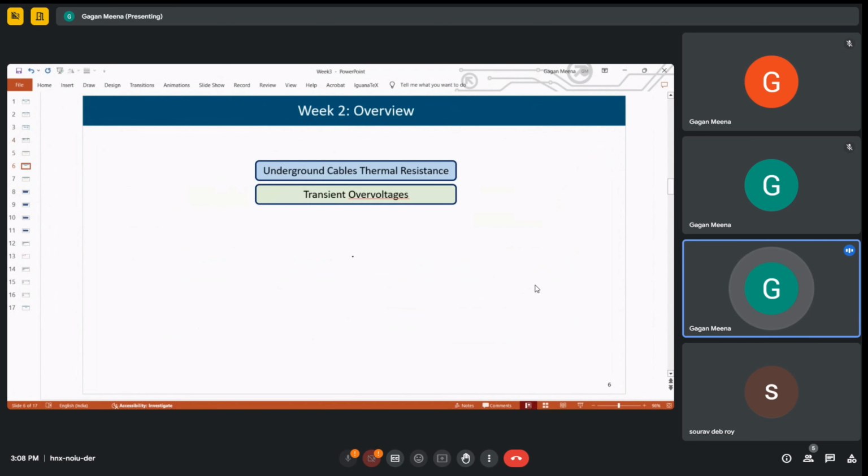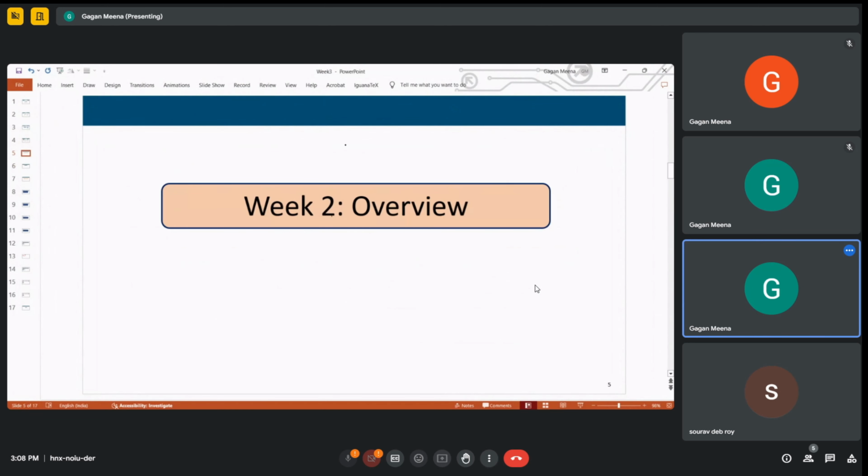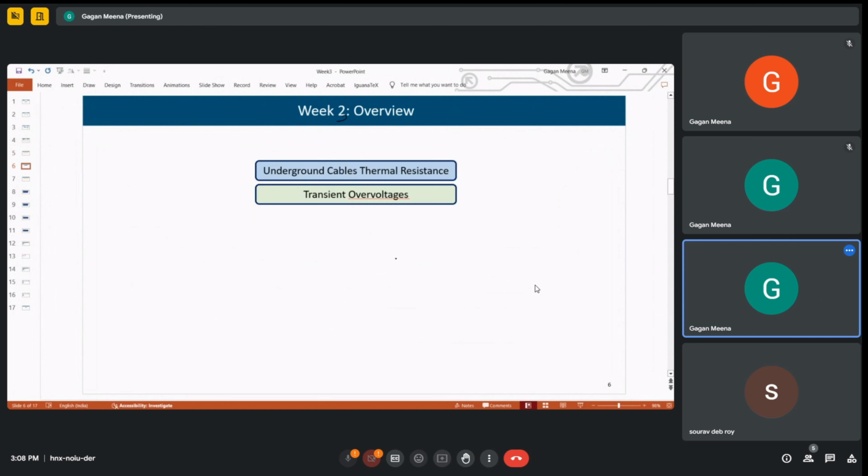So let us start with the overview of week 3. In week 3, first thing was a continuation of the underground cable, and in that thermal resistance of cable was discussed, and then next topic for the 4 lectures was the transient overvoltages.